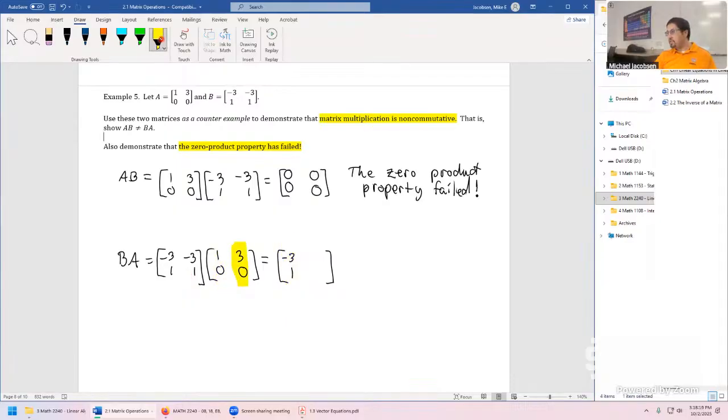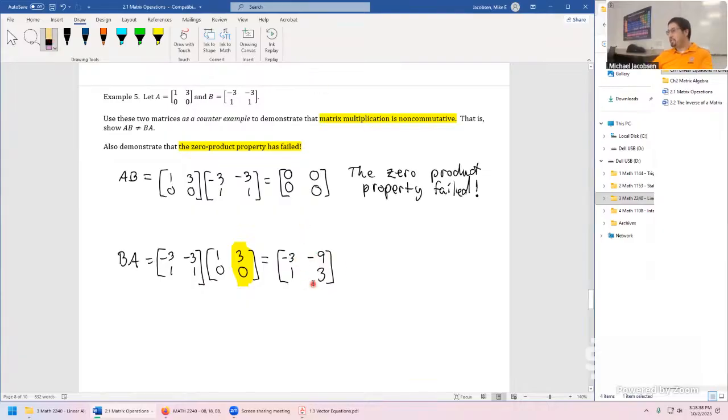Next, we skip over to this column and do the same. This will be -9 plus 0. So -9 in total. Then it'll be 3 plus 0 for 3 in total. And it's a totally different matrix.